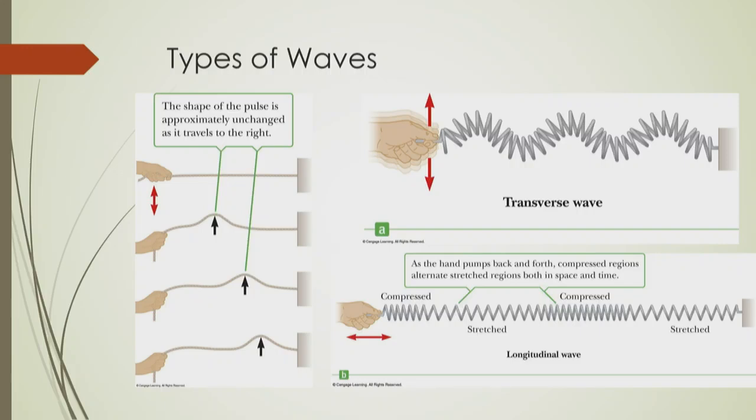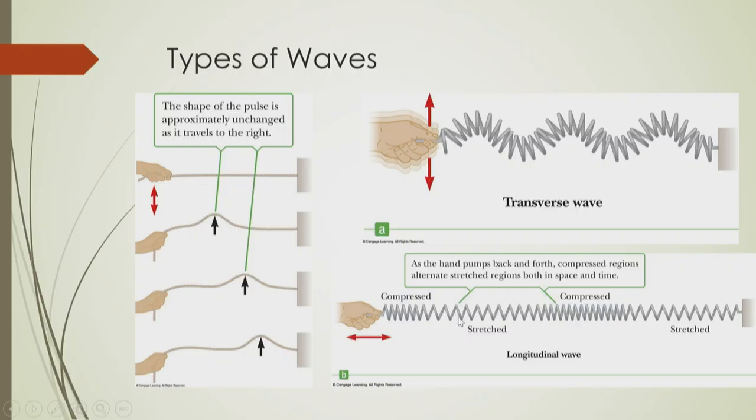I have two types of waves. I have a transverse wave, and I have a longitudinal wave. A slinky can demonstrate both of them. The transverse wave is going to be up and down, and my longitudinal wave will have what we call an area of compression and an area of rarefaction.